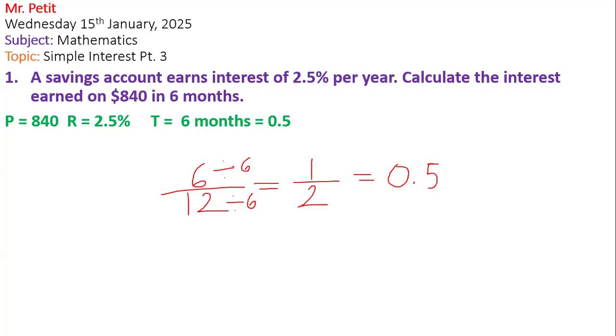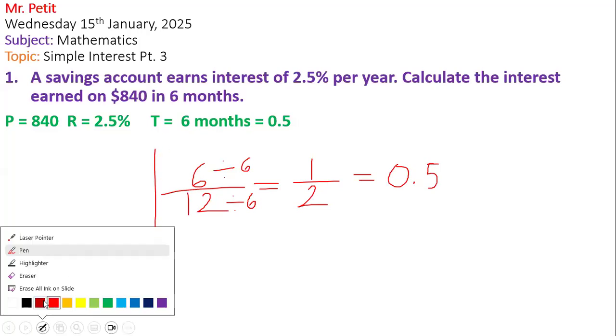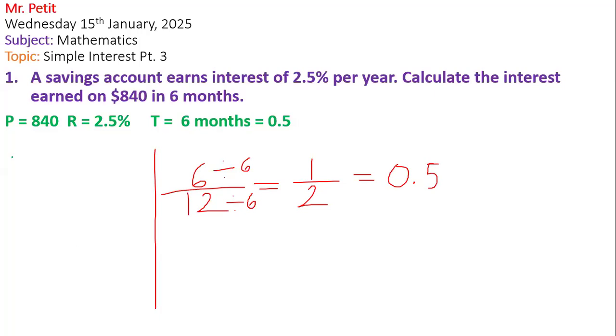Let me ask you a question. What if it was 3 months? You would divide by 3. So if it was 3 months, we would do the same thing. We'd say 3 over what? 3 over 12.